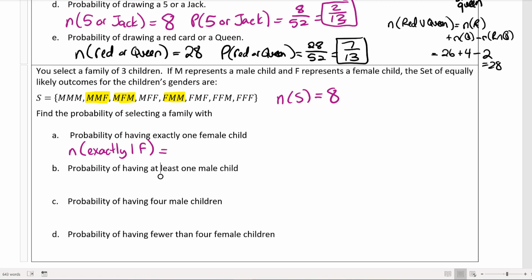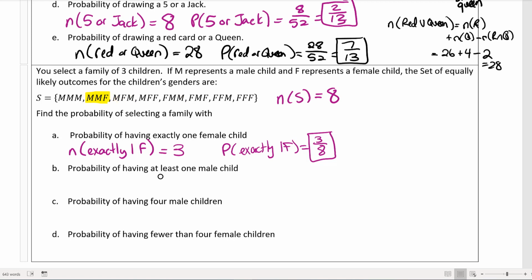So that looks like my number of exactly 1 female is 3. So the probability of exactly 1 female is going to be 3 out of 8. And that doesn't reduce.